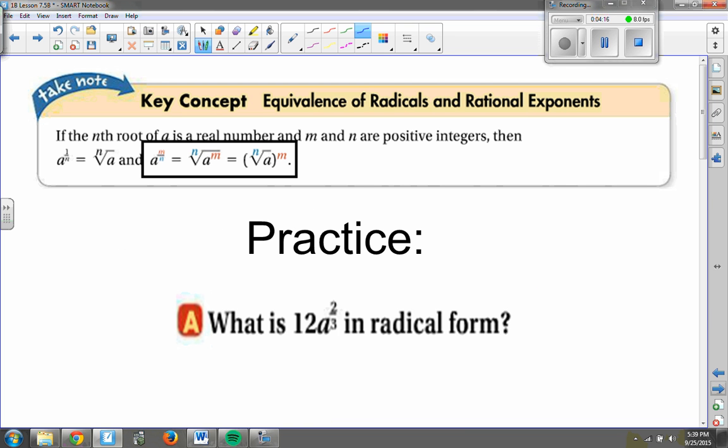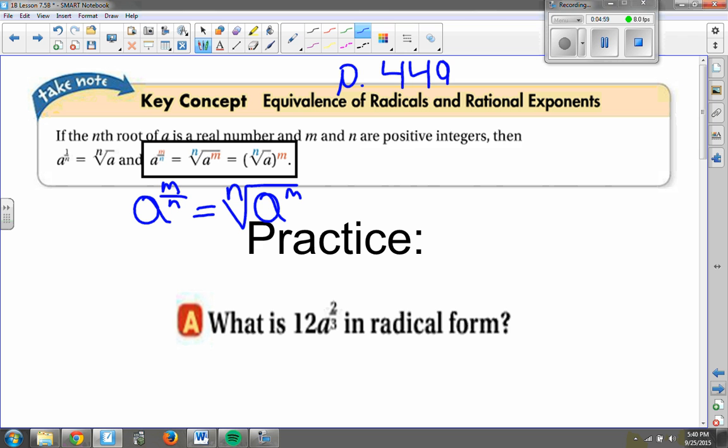All right, so here is our rule. I will write it again for you because I know it's very hard to read up here. You can find this in your book on page 449, right there towards the top, the key concept box. What this says is that a to the m over n power, which can be any fraction you want, 1/2, 2/3, 17 over 25, is the same as the nth root, with n as the index of the root symbol, of A to the m power.